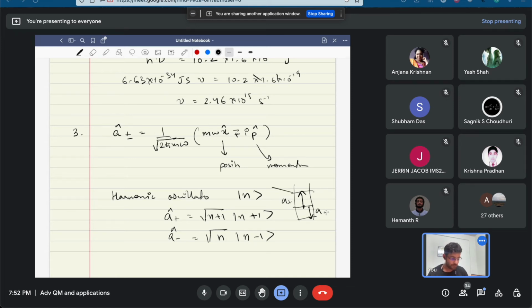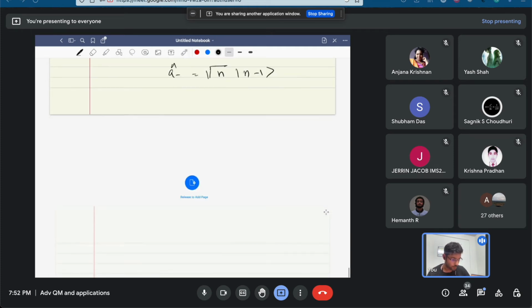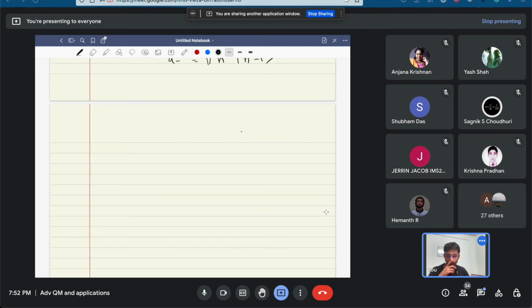One of the fundamental rules here is that n equal to 0 is your ground state. So if you operate a minus on the ground state, you will always get 0, because you can't really go below the ground state.